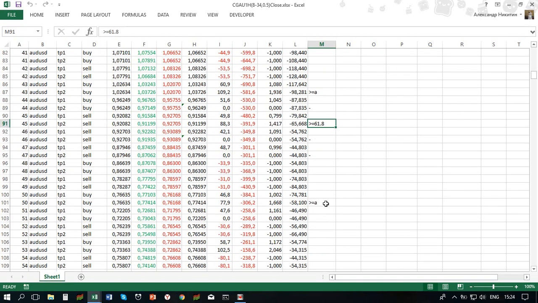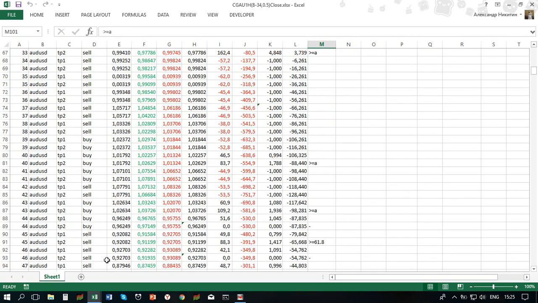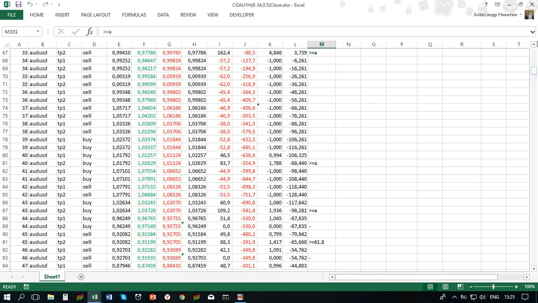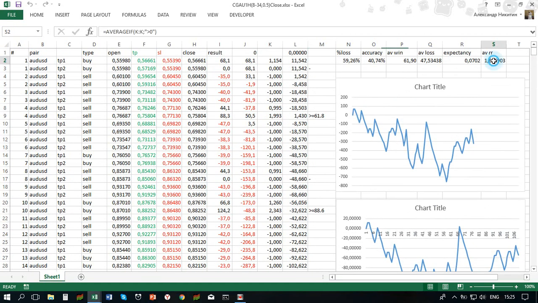So 2 trades at 618 A. If you calculate that, A is 100%, yes? And you divide by 618, you will see that it is 1.618 larger. So if you have a winner being that, average winner is 1.618, yes?